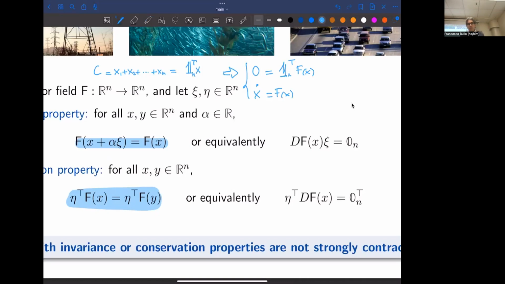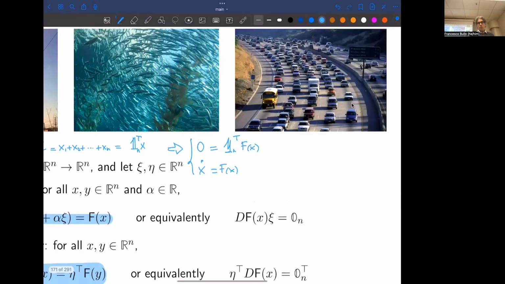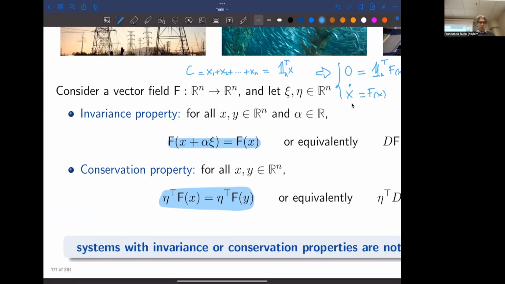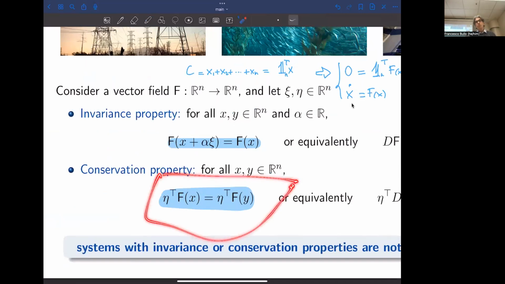So if I have maybe a continuum approximation of traffic, the quantity of commodity that is moving on the network is preserved. So the vector field satisfies 1_n transpose f equal to 0 everywhere. Here, as I said, at the bottom, I can relax that and make it even a little bit more general, and I can look at the case where eta transpose f is just a constant. Maybe, why is that interesting?